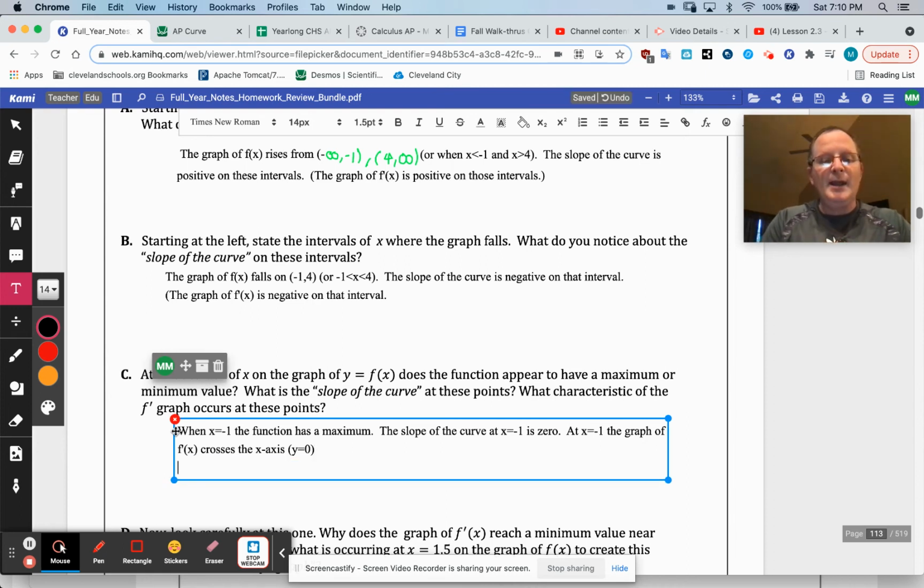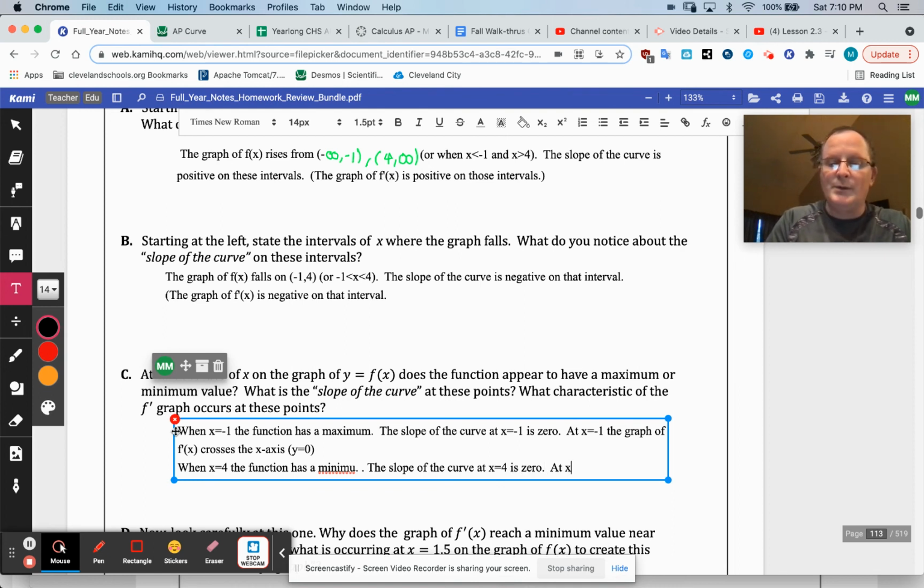So then when x equals 4, the function has a minimum. The slope of the curve at x equals 4 is 0.